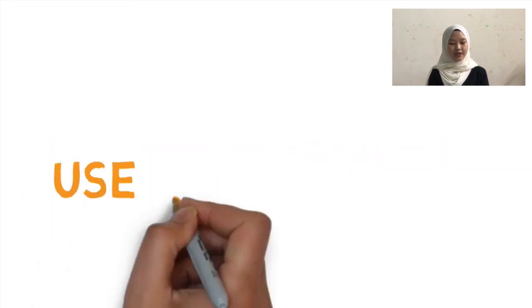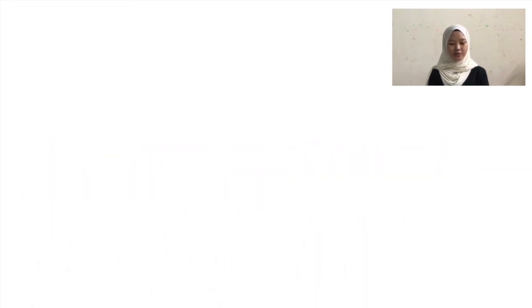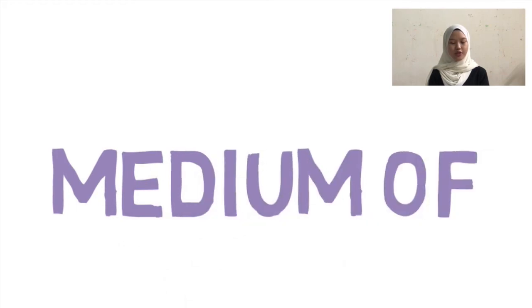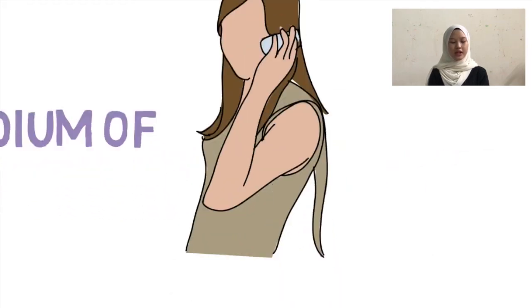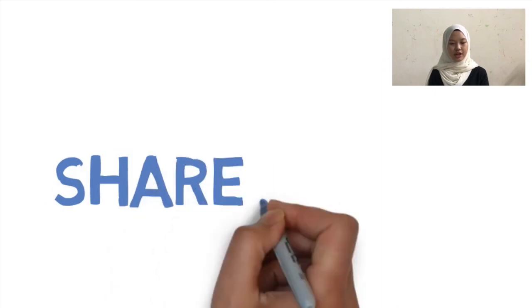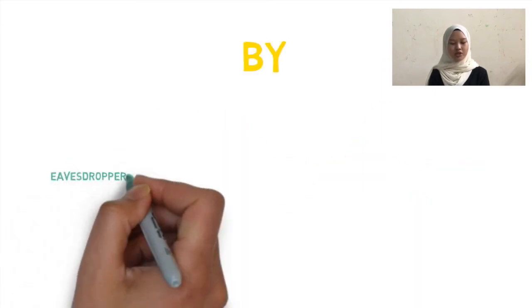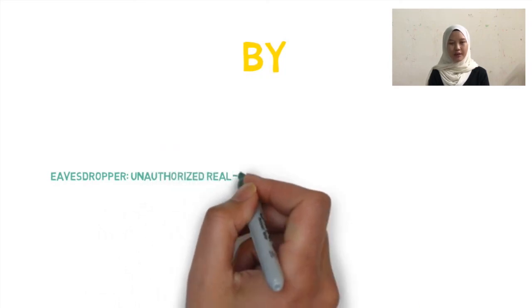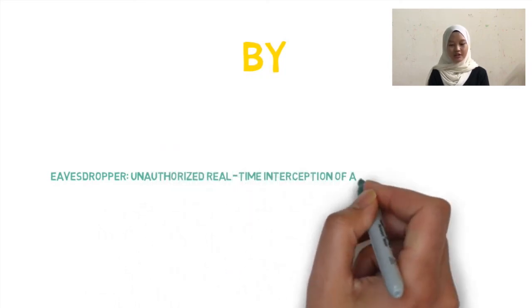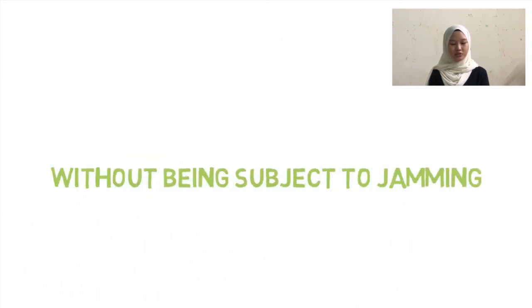Wireless applications use air or vacuum as a medium of communication for all the stations. The stations must be able to share the medium without interception by an eavesdropper, which is the unauthorized real-time interception of private communication, and without being subject to jamming from a dangerous unknown intruder.